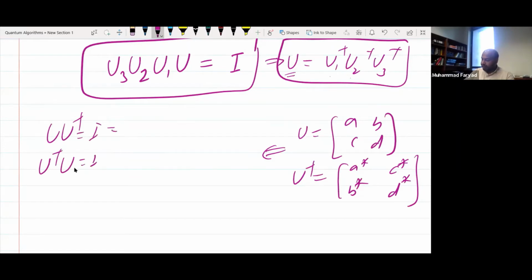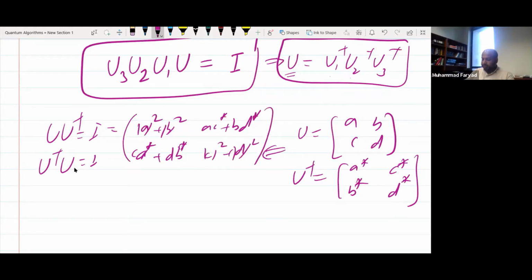So U dagger would be this, and then AC star plus BD star, and similarly CA star plus DB star, and then C mod square plus D mod square.